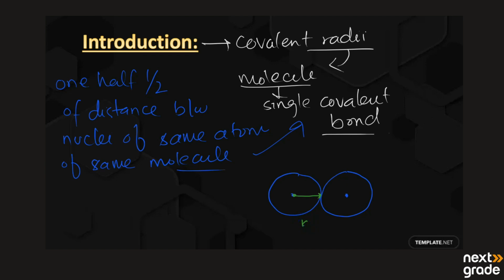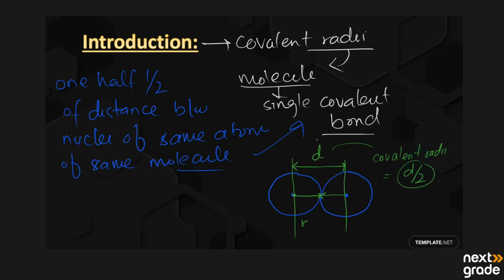And the distance between the nuclei of two bonded atoms having a single bond between them is d. And when we take half of this, the covalent radius is equal to d by 2.